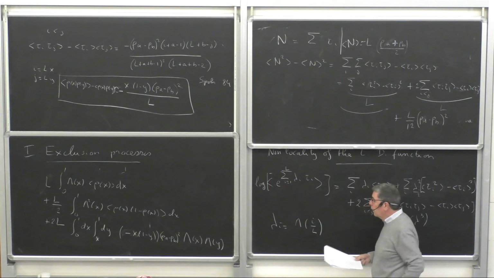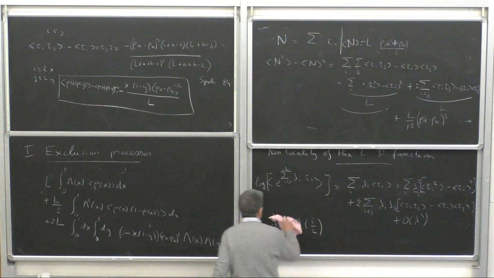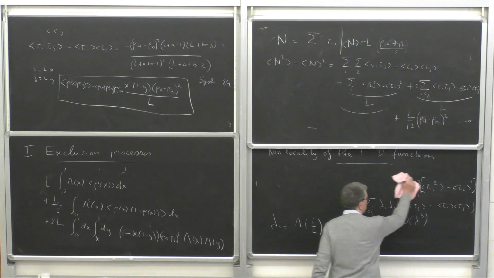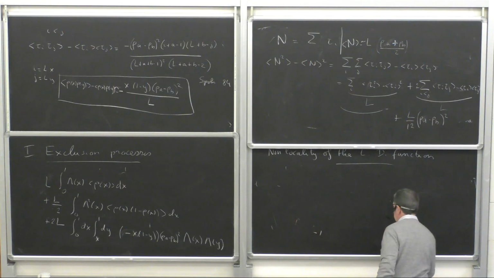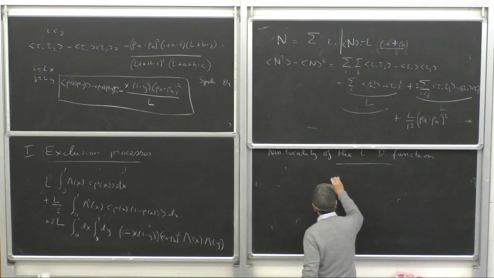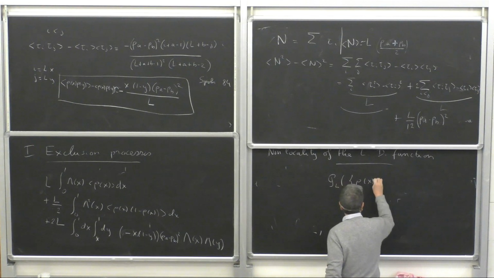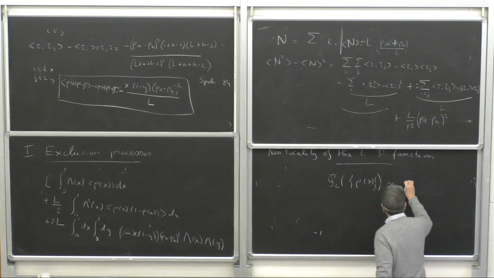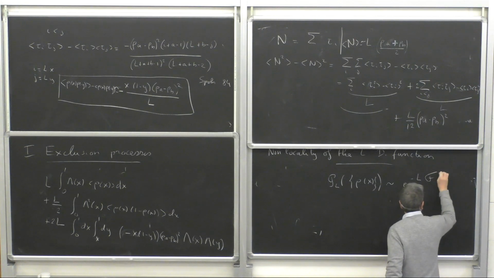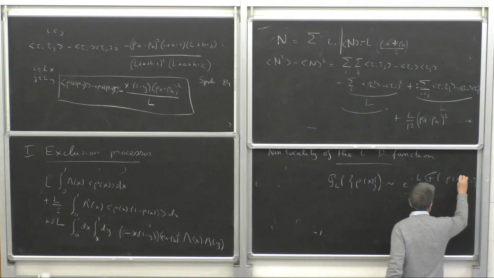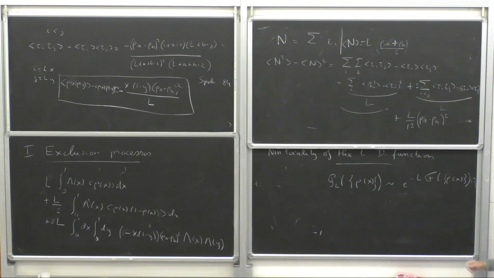But in principle, if I want to know the large deviation function of the density profile, the probability of observing a certain density profile in my system would be exponential of minus L f of rho of x. So I am looking at the system on a large scale and I see a certain density profile.